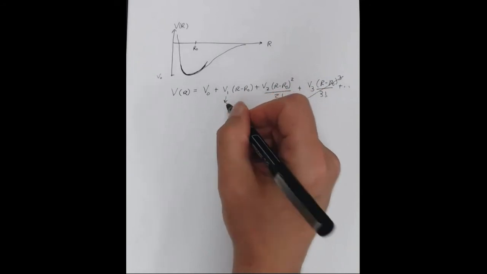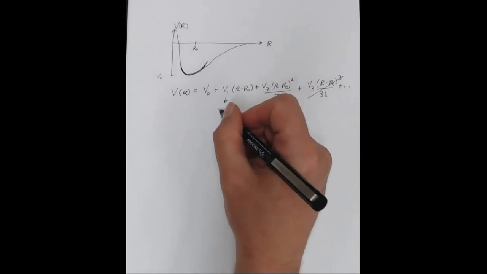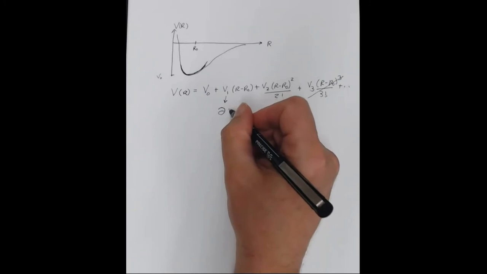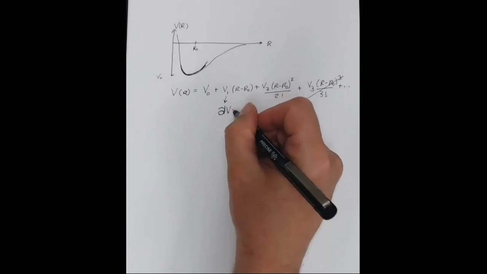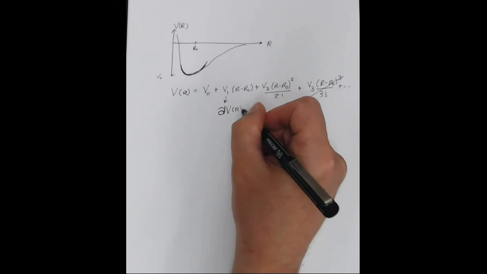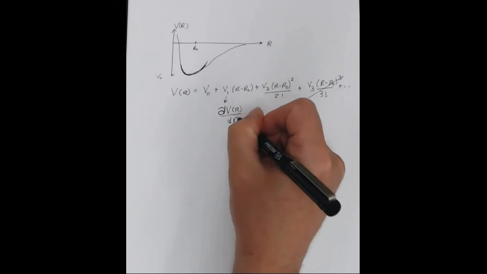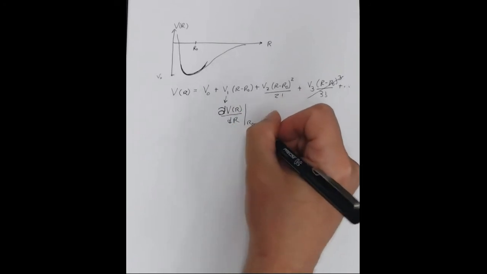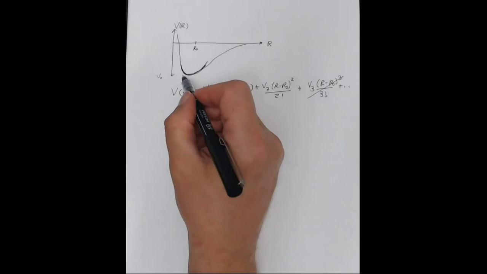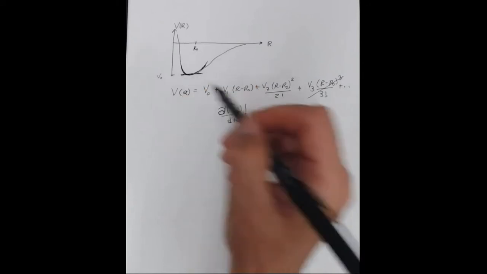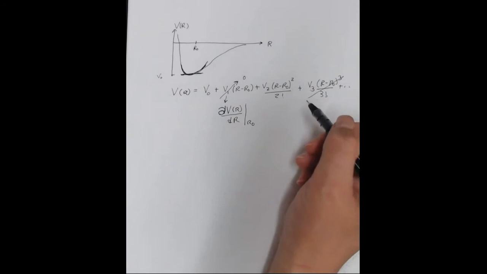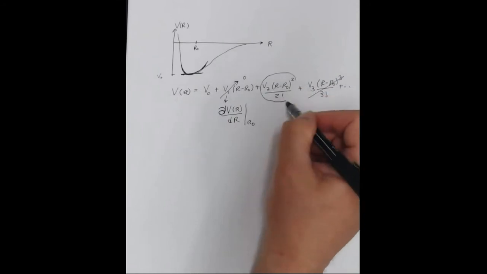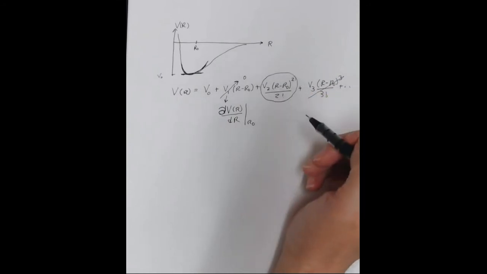Because that constant is our derivative with respect to r evaluated at r naught, which is 0 at the bottom of the well. So this term is also 0. What you're left with is this quadratic term.